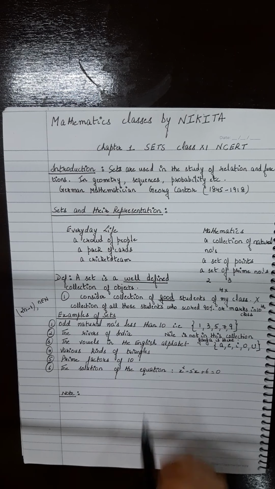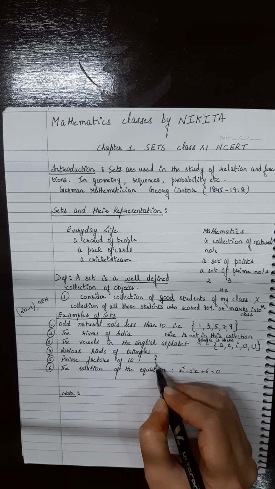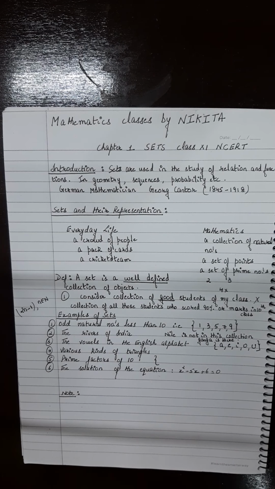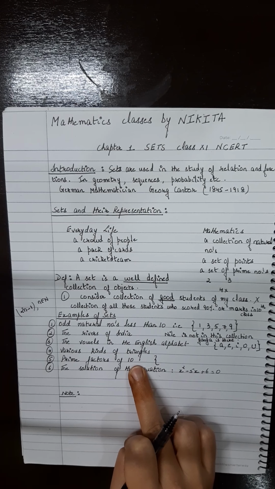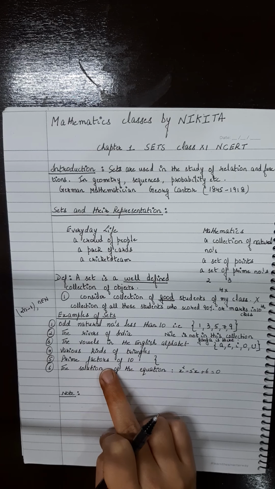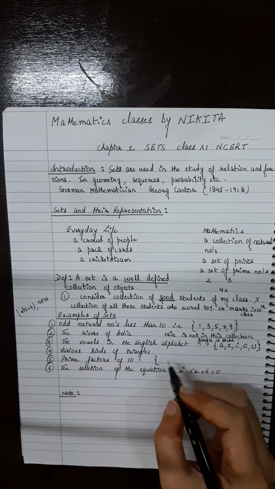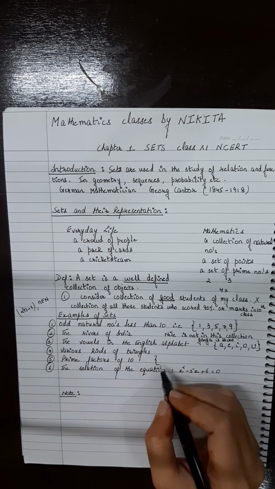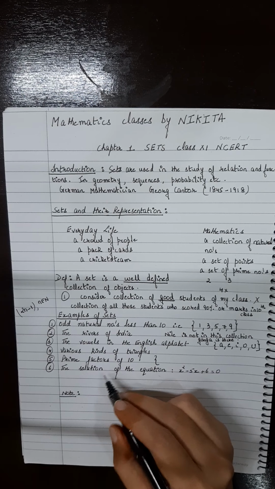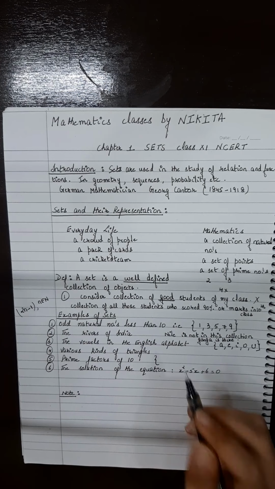Next we have prime factors of 10. You know what are prime numbers? What are factors? Any number which divides 10 is a factor, but we have to pick only the prime factors. So 1 is a factor of 10, but 1 is not a prime number, so I will not write it. Then 2. 2 is a prime number and 2 also divides 10.